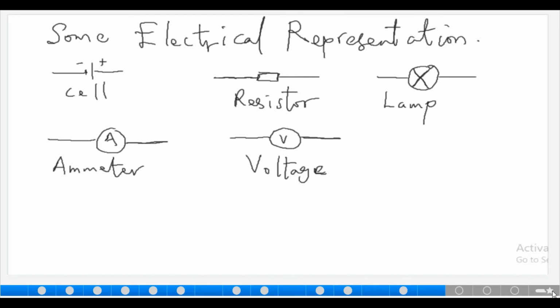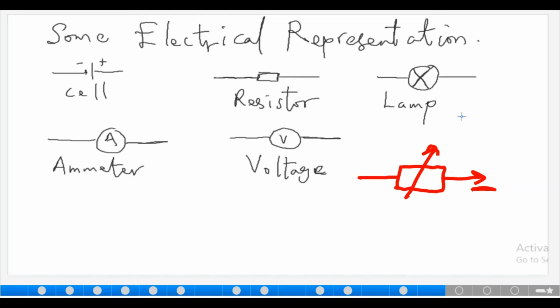Let me show you. Okay, it's going to look more like this for a variable resistor. Something like this. Okay, this dictates the direction of the current or voltage.